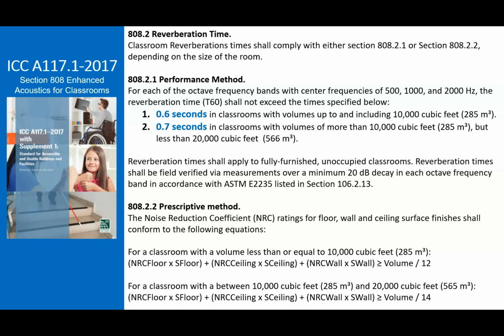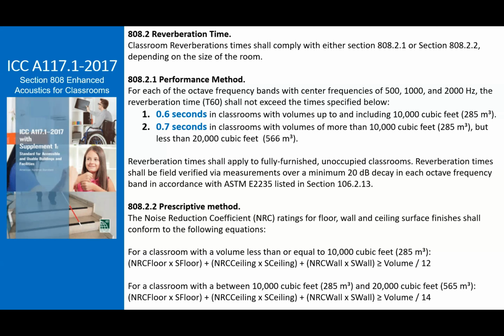Now, the prescriptive method does not allow the furnishings to be included, but it does allow you to look at all of your floor, wall, and ceiling surface finishes themselves. This is a calculation based on the NRC and surface area of each material of the floor, the ceiling, and the walls. So wall panels versus gypsum board versus tile versus carpet versus ACT, all of those things can have an effect.